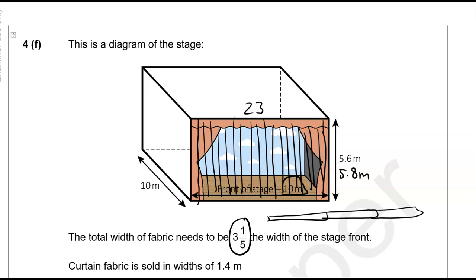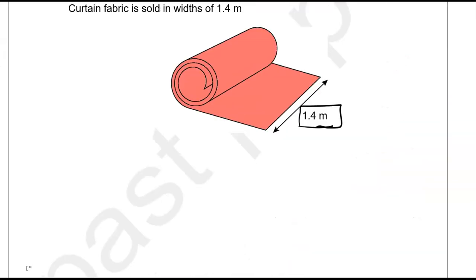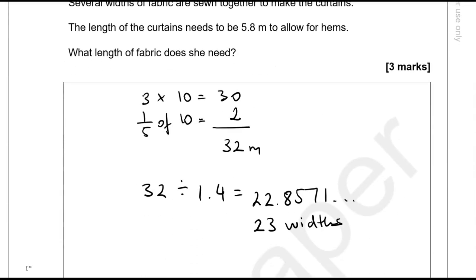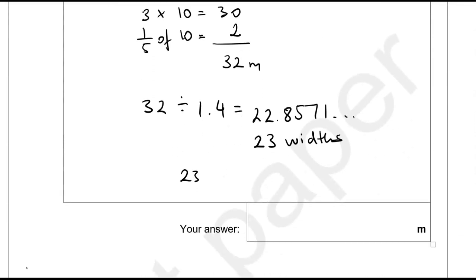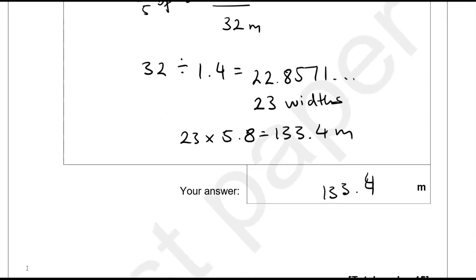So if you put them as strips, line them up and add them together, what length would that make? So that would be 23 of them times 5.8 meters. And that gives us 133.4 meters. And this is the end of the paper.